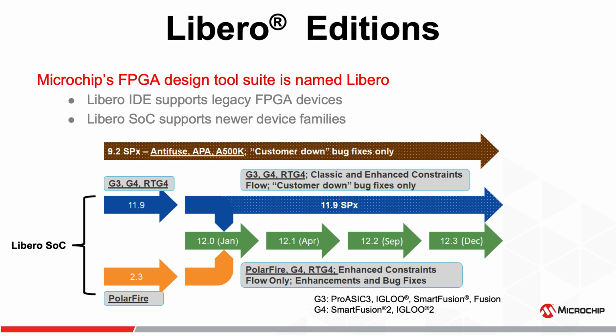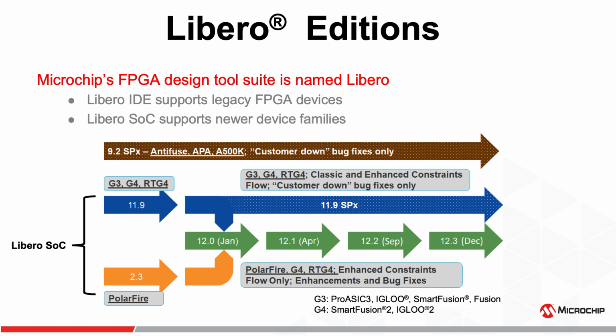On the other side, the Libero SoC edition has two sub branches. One is the 11.9 and its service packs. Using this 11.9 and older versions of Libero SoC, it supports the G3 families. G3 means the ProASIC 3, Igloo, Fusion, and SmartFusion families.